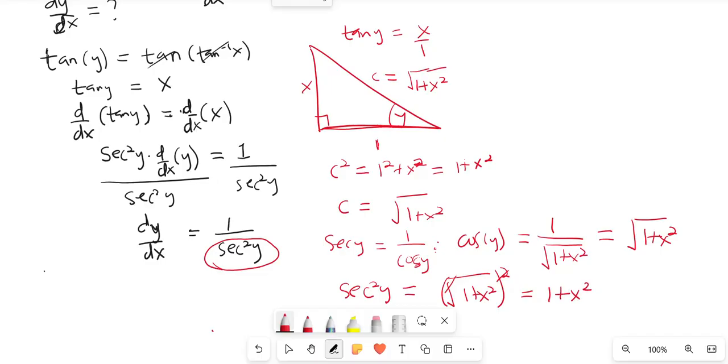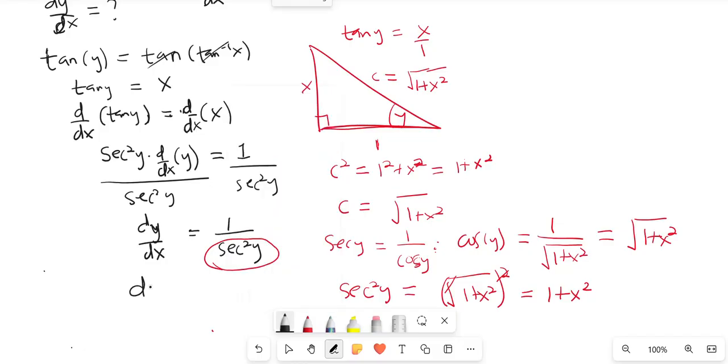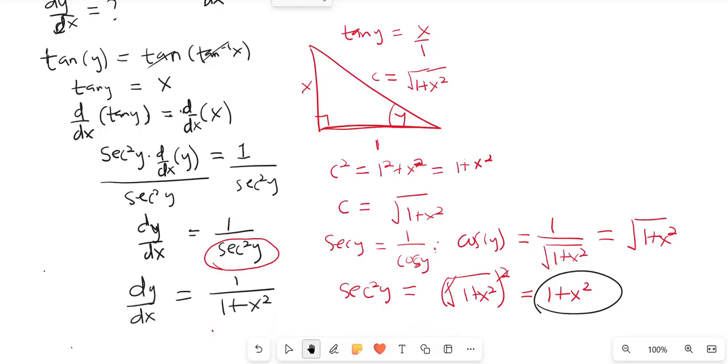So we have gotten our secant square y, which we can plug into our derivative function. We can switch back to black pen. So we now have dy/dx equal to 1 all over secant square y. Secant square y is 1 plus x squared. And we are done.